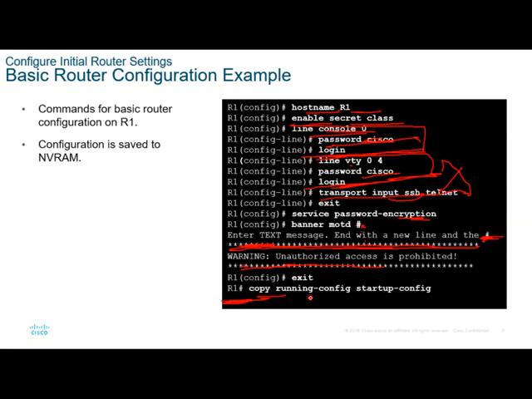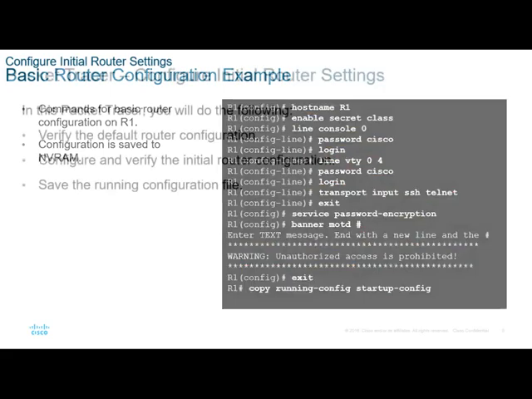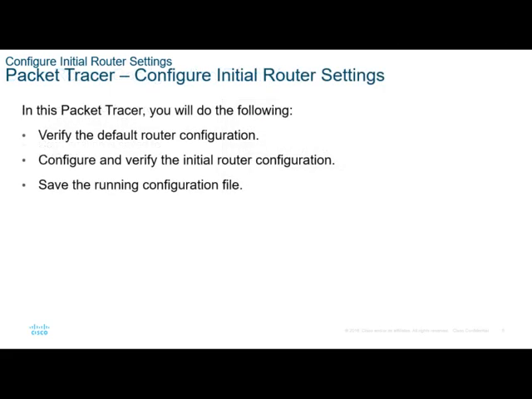So copy running-config startup-config. We're copying from running, temporary storage, to startup, which is permanent storage. Every time a router or a device is booting, that permanent file has to be checked for what is in it. Whatever is there is going to be loaded.